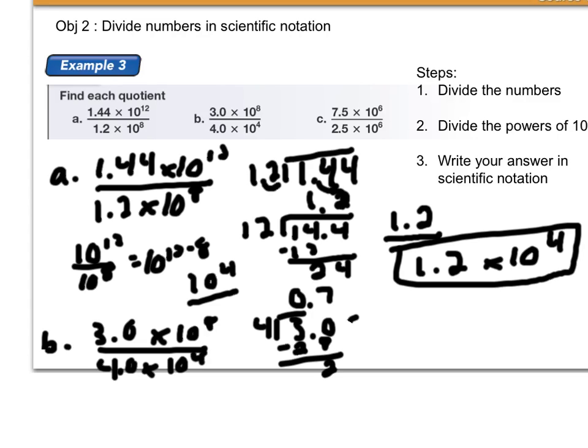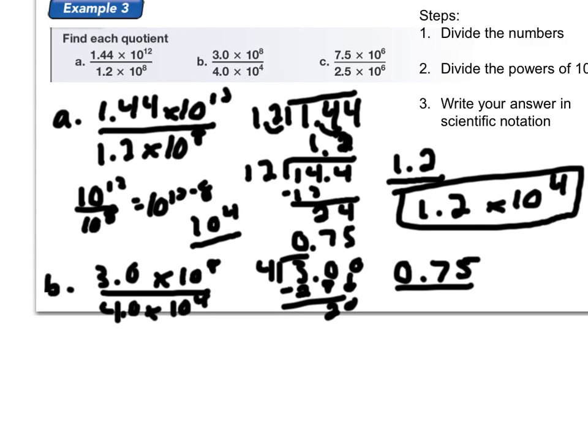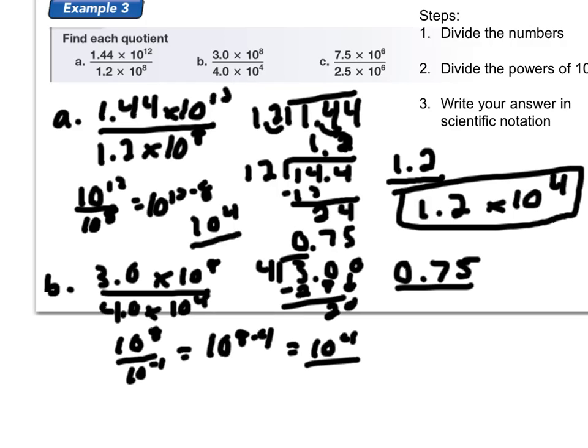We subtract and we get 2 and bring down a 0, and it's 0.75. Okay, so we're going to use that number. And then 10 to the 8th divided by 10 to the 4th equals 10 to the 8 minus 4, or 10 to the 4th power. We're using that one. So now we've got 0.75 times 10 to the 4th.